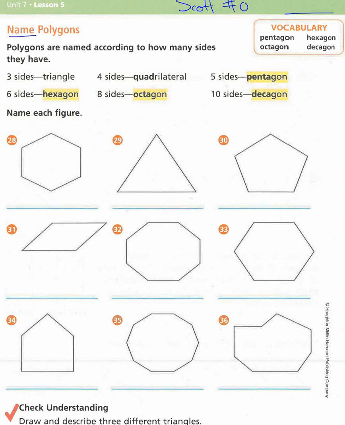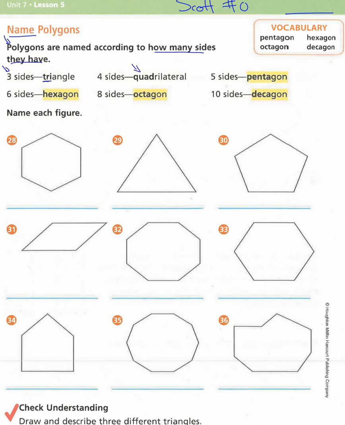And polygons, right here, are named according to how many sides they have. So we can talk about any polygon, not necessarily by its shape, but by how many sides it has. So I'm looking down here at 3 sides. We know that 3 means triangle.